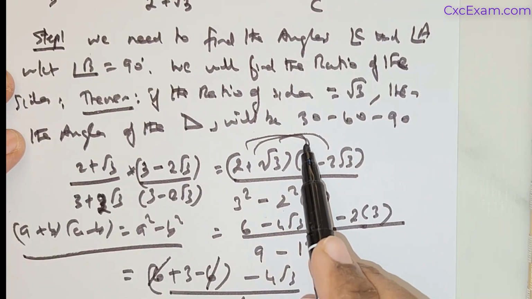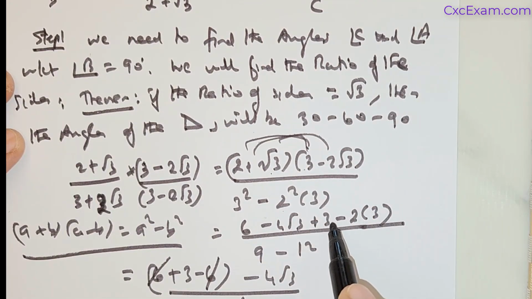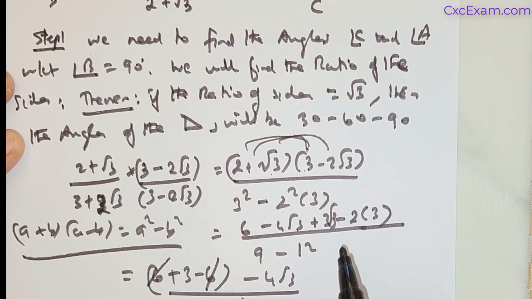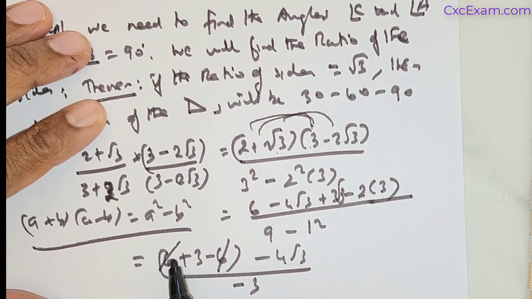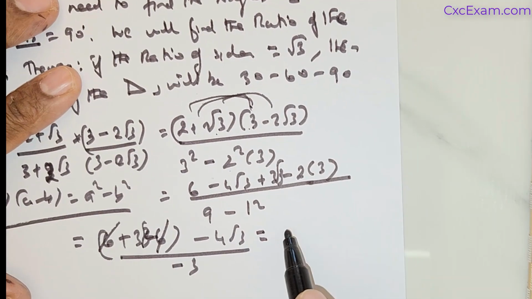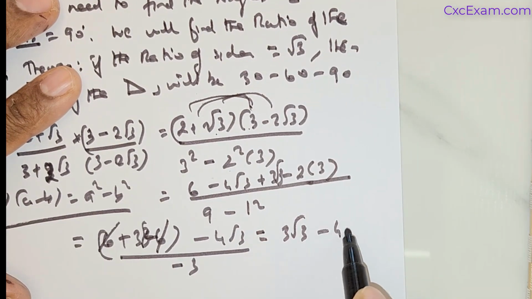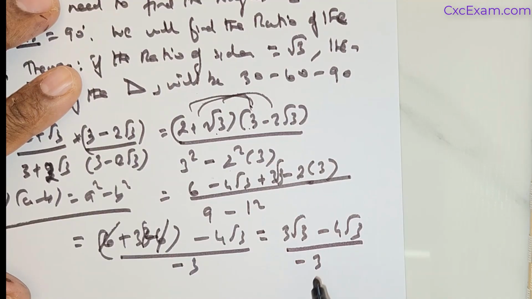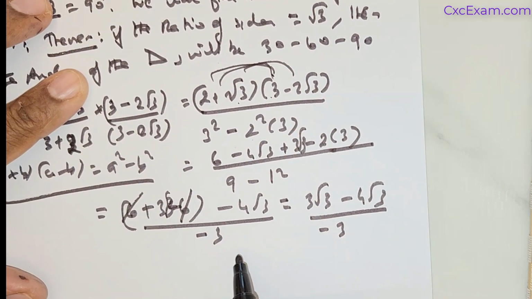Now this is actually 3 times root 3, right? So the root 3 has to be there. So we have to place this root 3 there. Okay, so this is going to give us 3 times root 3 negative 4 times root 3 divided by negative 3.